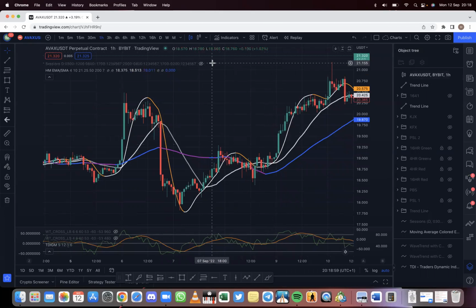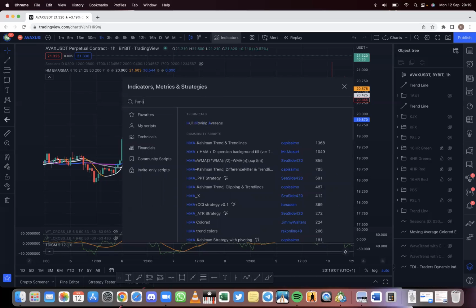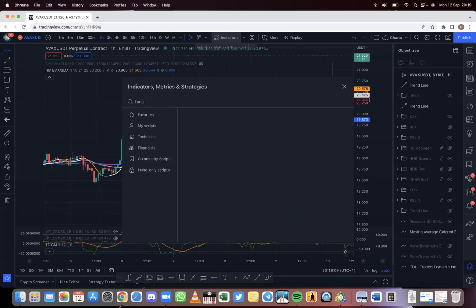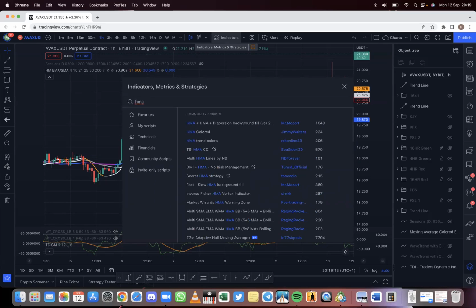How do you find HMA in the directory? Imagine you want to use HMA with what you have right now. It is simple. Just go into indicators and type HMA, HMA moving average. That's it. You see the HMA.